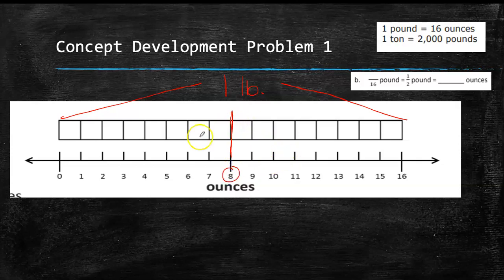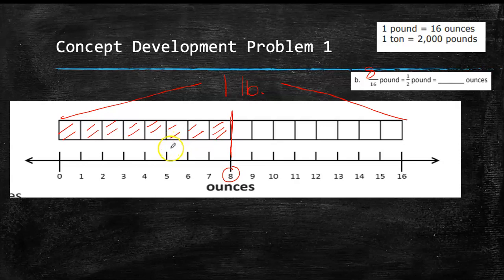So this side would be 1/2 pound. This side would be 1/2 pound. So if I were to shade in this half here, what would my fraction be? Perfect, 8/16 of a pound.